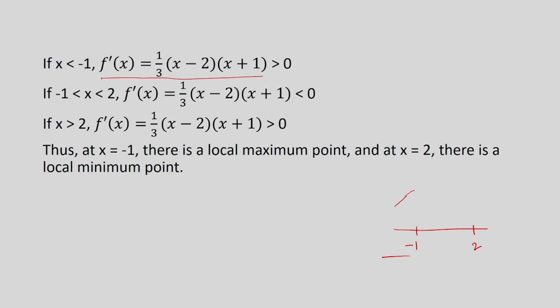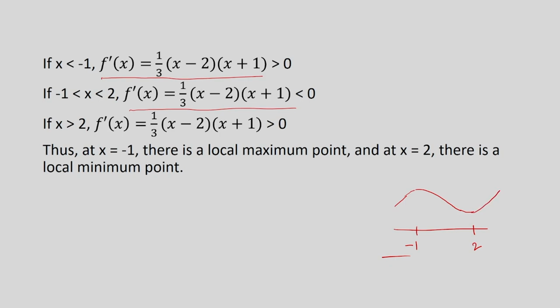Between minus 1 and plus 2, the value of f dash of x is less than 0. So, it is a declining thing, and at 2 we know it is a stationary point. To the right of x equal to 2, f dash of x is greater than 0. So, something like this.